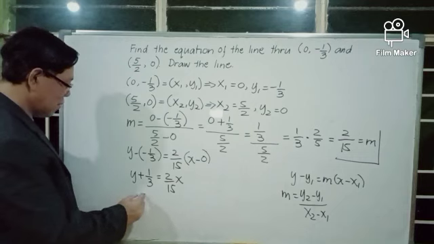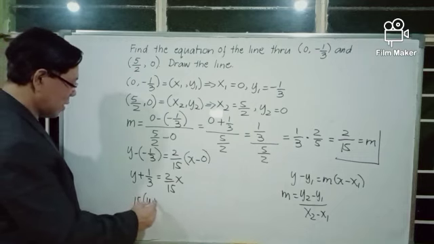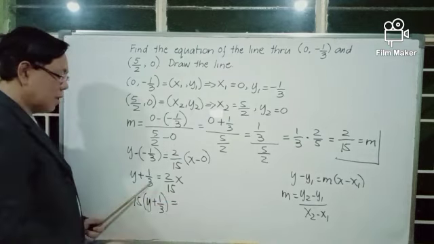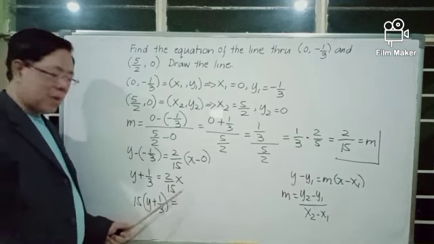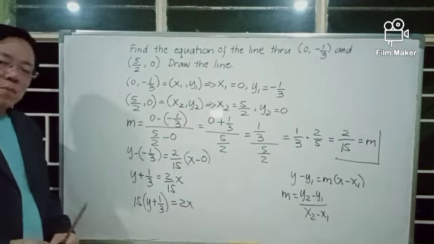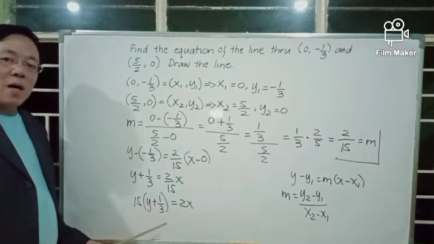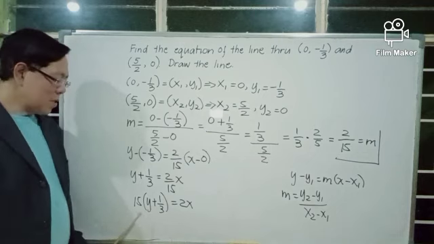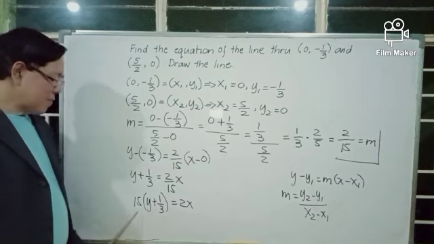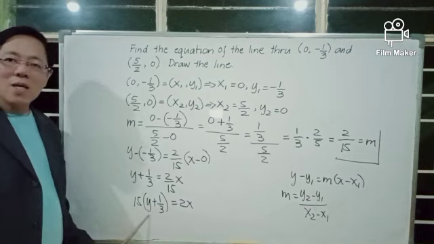Or 15 multiplied by y plus 1/3 equals 2 multiplied by x. And we remove the grouping symbols by applying the distributive property of multiplication over addition. We multiply y and 1/3 by 15. 15 multiplied by y is 15y.